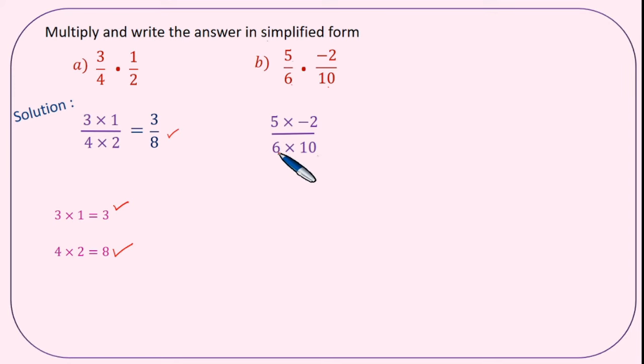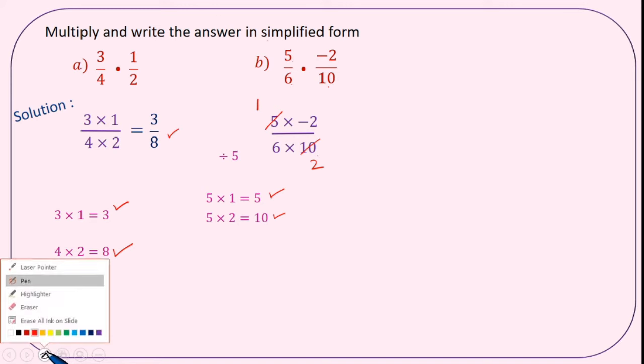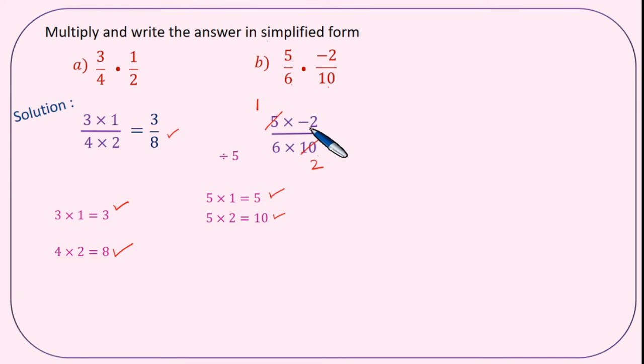Let me first simplify with the 5 table. 5 ones are 5 and 5 twos are 10. Similarly, now I will go with 2 and 6. 2 ones are 2 and 2 threes are 6.